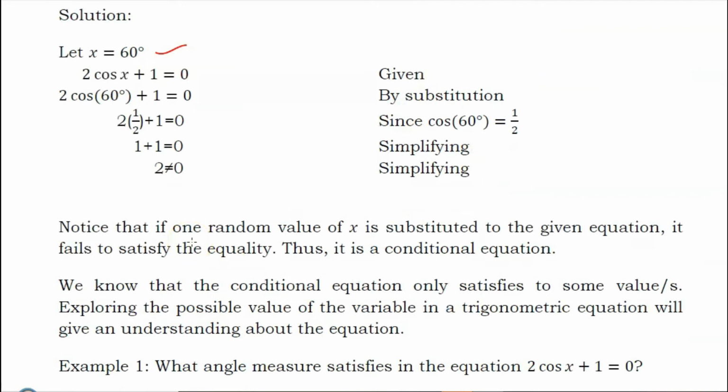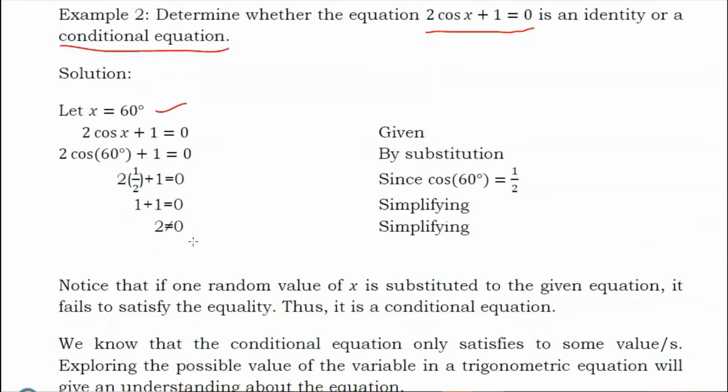Okay, since this is a conditional equation, what could be those particular values of x that can make this equation true? This is the time that we are going to solve for the particular values that will satisfy the equation. So how do we solve for this equation?